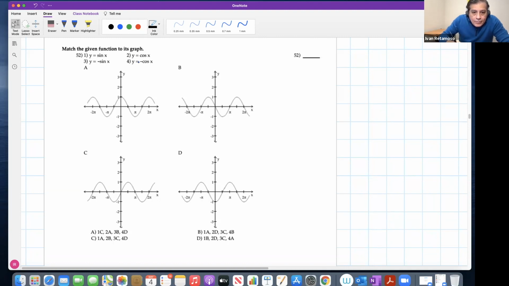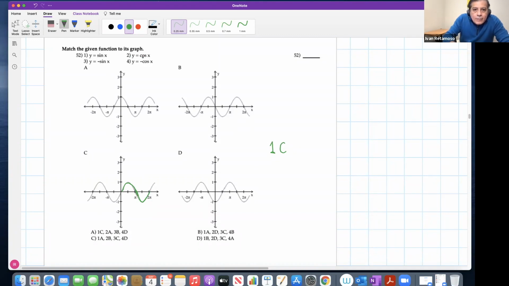Look for where the graph of this is. Remember, sine is like a wave with period 2 pi. So it's going to be this sine. This is the graph of y equals sine of x. So let's write here the right sequence: 1 should be identified with the graph C. 1 with C. So we took care of the first one.